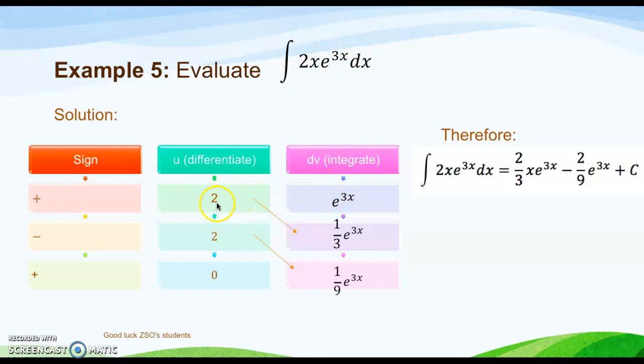So differentiate 2x to be 2. Differentiate 2 to be 0. Integrate e^3x to be 1 over 3 e to the power of 3x. Integrate more, so we get 1 over 9. Then positive 2x multiplied with 1 over 3, you will get 2 over 3 x e to the power of 3x, minus 2 over 9 e to the power of 3x plus c. Remember, this is 2x here.